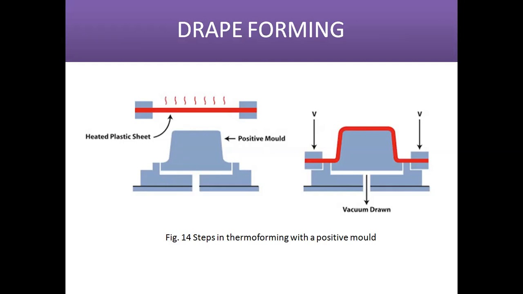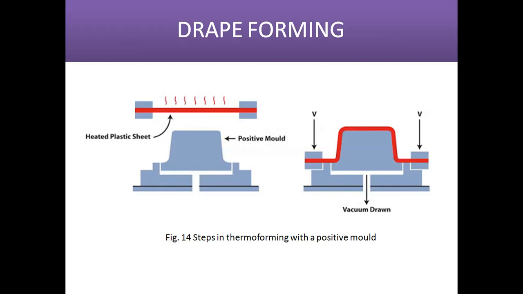So in this process, the sheet is first framed and then it is heated. Then it is mechanically stretched and a pressure differential is then applied to form the sheet over a positive mold. In this case, however, the sheet touching the mold remains close to its original thickness, similar to cup forming of sheet metal as explained in our earlier cases.